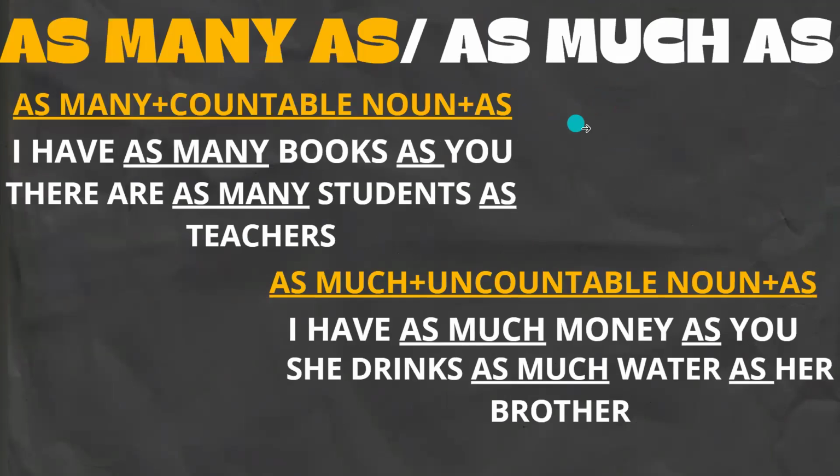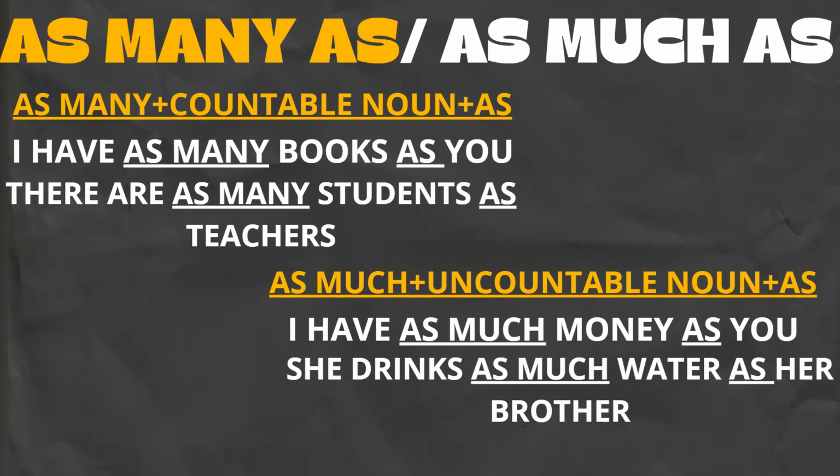Okay, the second. This is very interesting for you. You have to remember always this: as many and as much. I hope you know what is the difference between many and much. If you don't know, we use many with countable nouns. For example, an apple: one apple, two apples, three apples, it's countable.